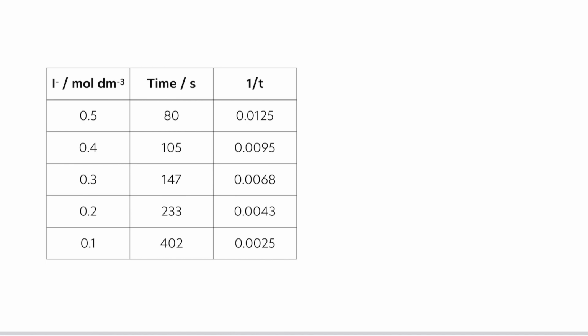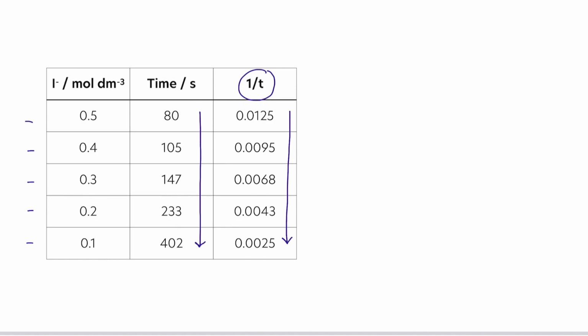Concentration of iodide ions is falling with each experiment that we carry out. As you would expect, we'd expect the rate of reaction to slow, and that's what we see. The time taken to form our blue-black complex increases, and then our initial rate of reaction is simply 1 divided by the time. So 1 divided by 80, 1 divided by 105.